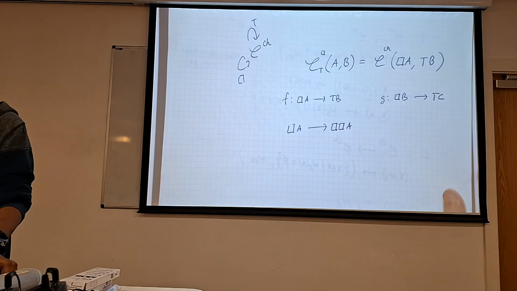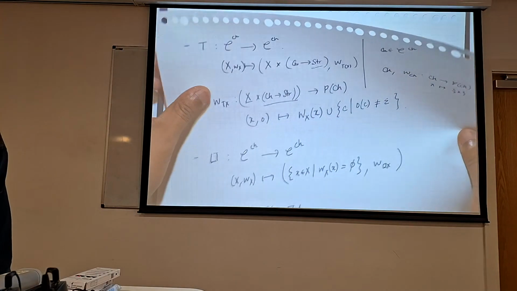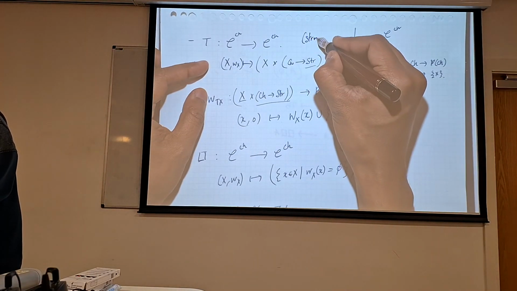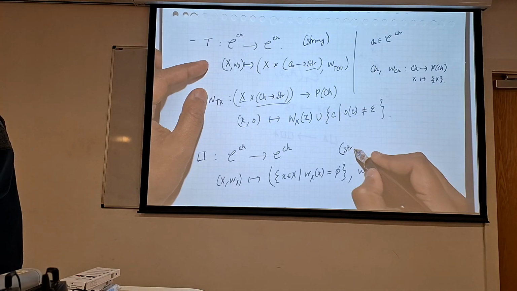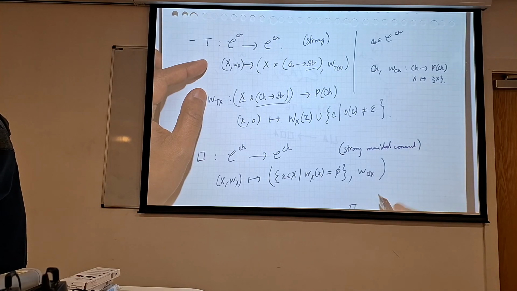I did not maybe say things about the strength and so on. Just like monads, this is a strong monad, and this is a strong monoidal comonad, as in box.